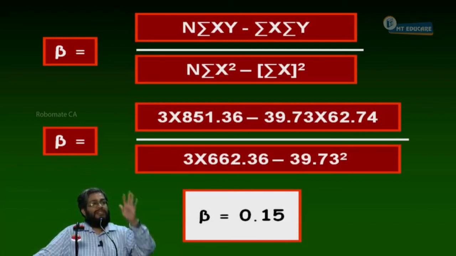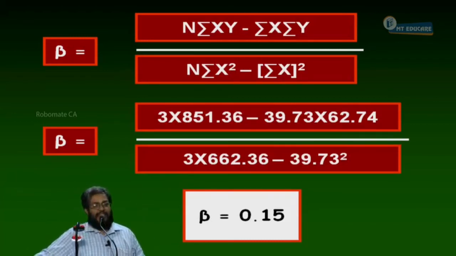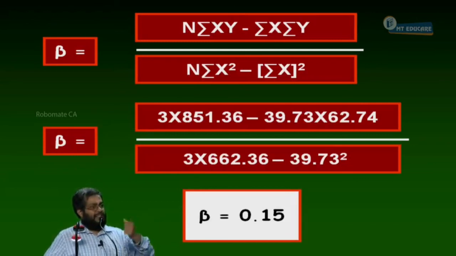Okay. Stop writing. How many formulas do you now know to calculate beta? 5 formulas. Now, tell me the 5 formulas. First, change in security return divided by change in market return. Second, standard deviation of security divided by standard deviation of market into correlation of security and market.